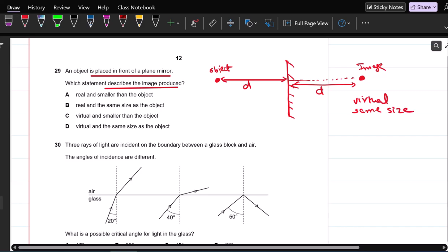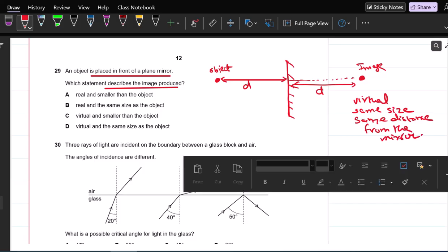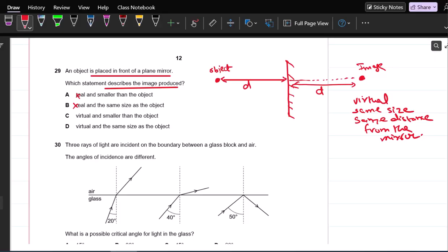Virtual image, same size, same distance from the mirror. So you have to see if any option like this is there. Real, no, so A and B options are wrong. Virtual and smaller, no. Virtual and same size as the object. So D is the right option here.